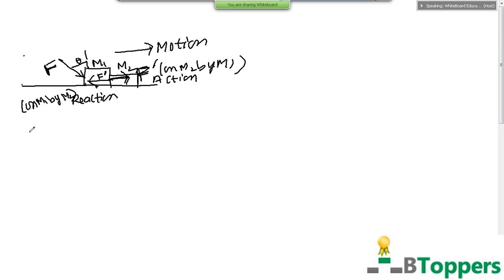Now I am going to draw a separate free body diagram for each block. The forces which act on M1 must be indicated in the free body diagram for M1.